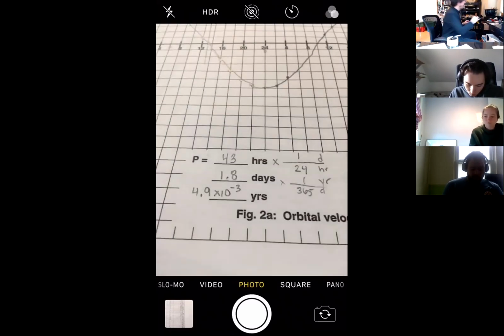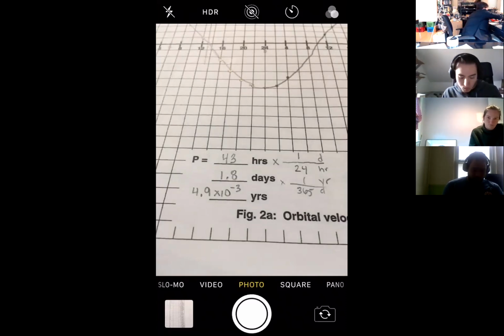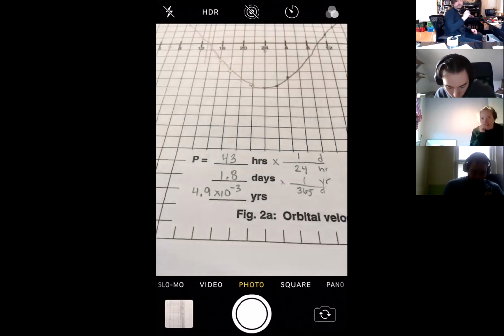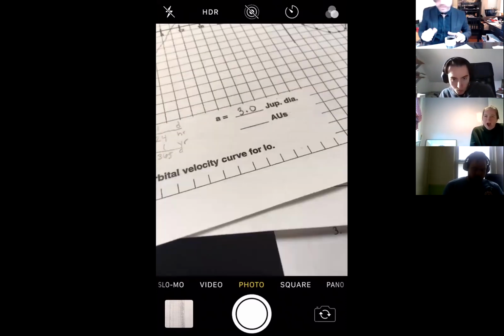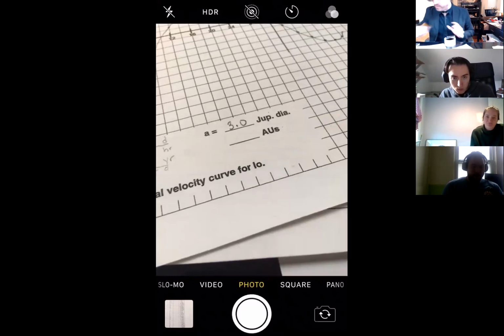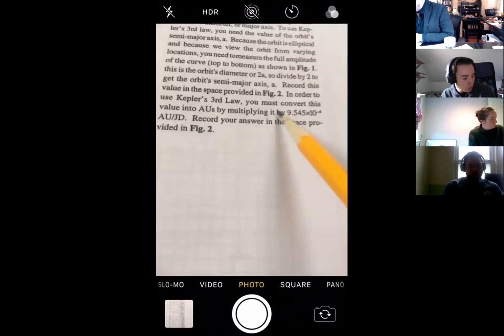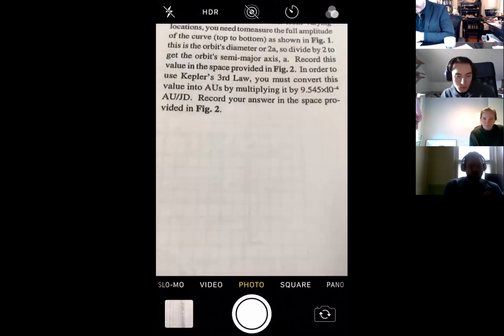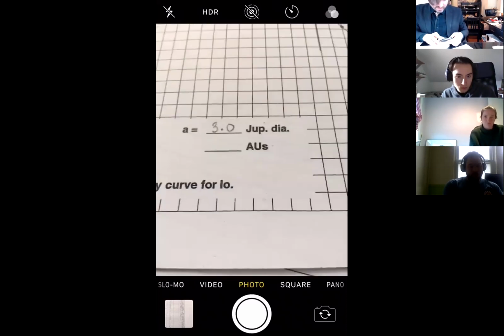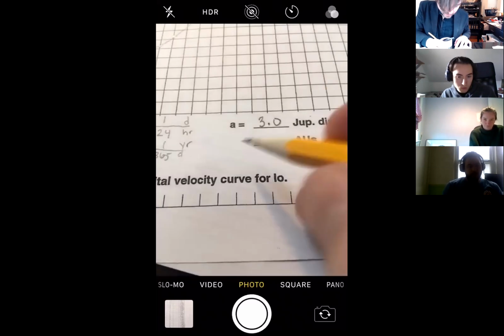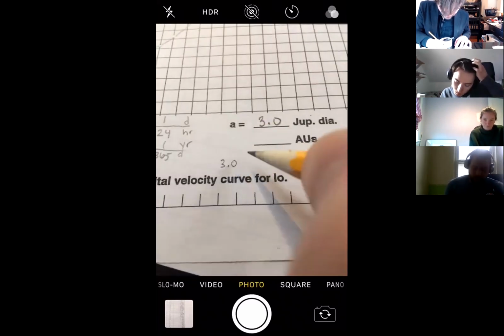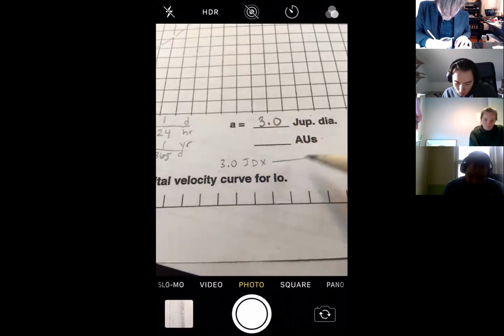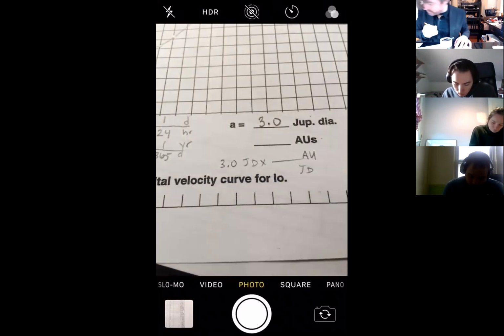Okay, let me sharpen up my pencil here. Okay, now somewhere in the text, they give us the conversion from Jupiter diameters to AUs. It's on page 6-3. They tell us the conversion factor is 9.545 times 10 to the minus 5 AU per JD. So let's go back here. And our conversion factor, it's 3.0 JDs times JDs to AU.